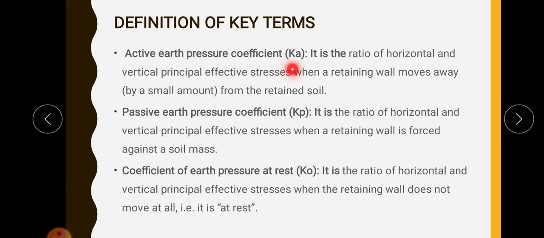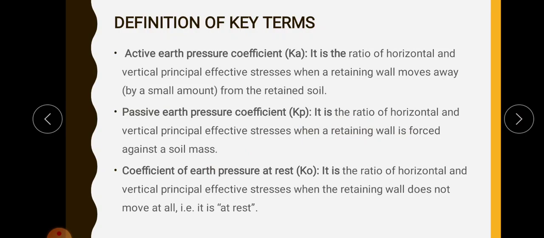The coefficient in the active case is indicated by Ka, and all these coefficients are the ratio of horizontal stress to vertical stress. Here it is the ratio of horizontal stress to vertical stress in the active condition, Ka. The passive earth pressure coefficient is the ratio of horizontal stress to vertical stress in the passive condition, that is, when the retaining wall is forced against the soil mass.